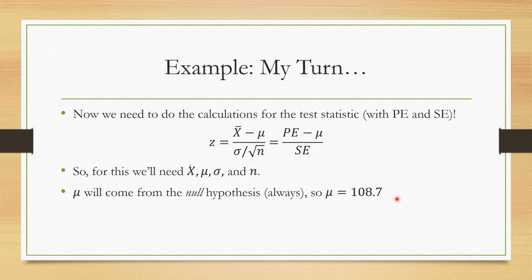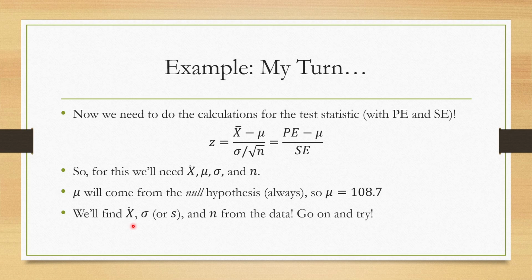So this mu value is going to come from that null hypothesis. And it's important to realize, again, that the test statistic is putting our data on the scale of the distribution, but that distribution comes from the null hypothesis. And this is one of the places that that's incorporated.